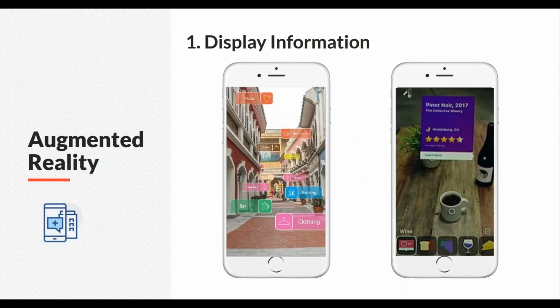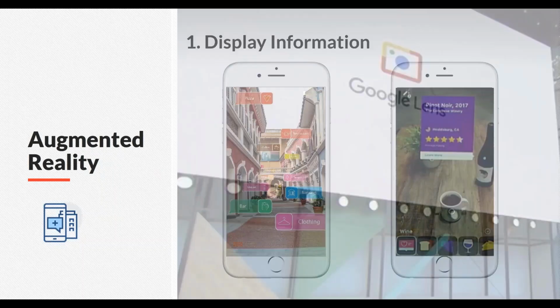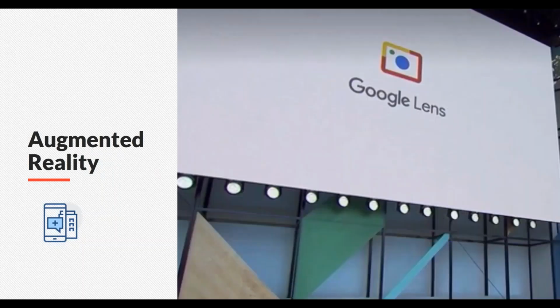These are things like directions, notifications, or messages that are layering in on live content on your phone. However, Google is taking this concept one step further with the release of their new Google Lens product, which they just announced a couple of weeks ago at their annual I/O conference.